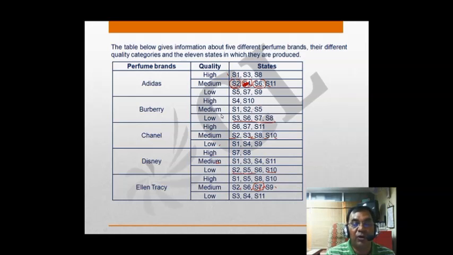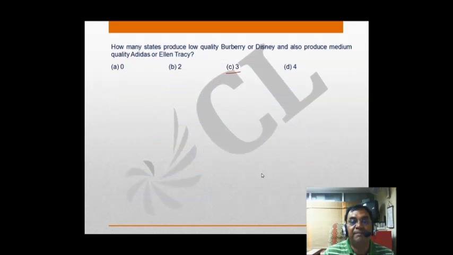High quality Allen Tracy, S1 is not there, S5 is not there, S8 is there, S10 is there. So again it becomes 3. So the answer becomes D.